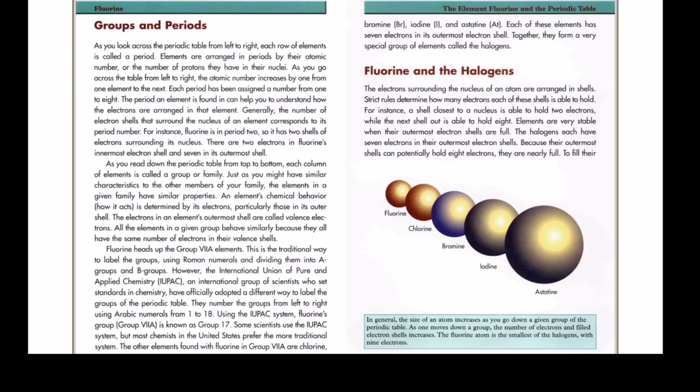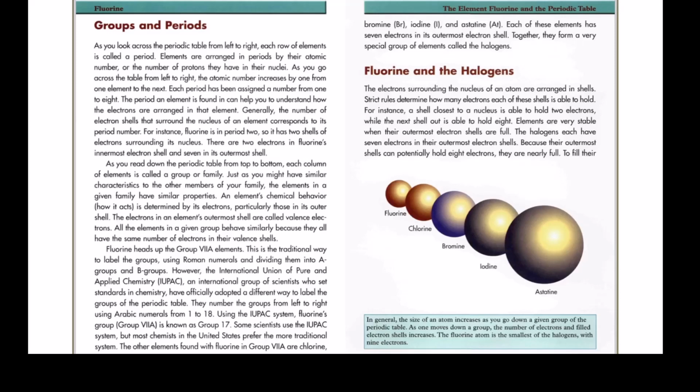The electrons in an atom's outermost shell are called valence electrons. All the elements in a given group behave similarly because they all have the same number of electrons in their valence shells. Fluorine is in group VIIa.